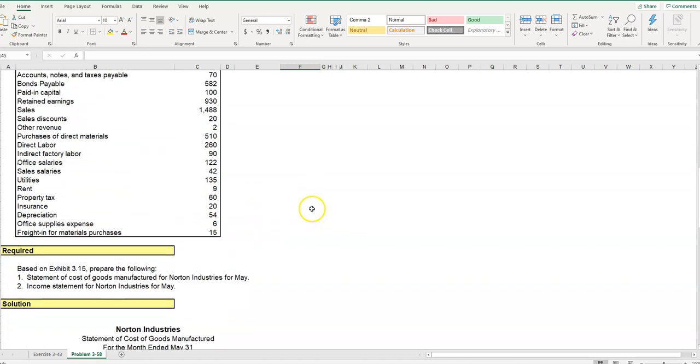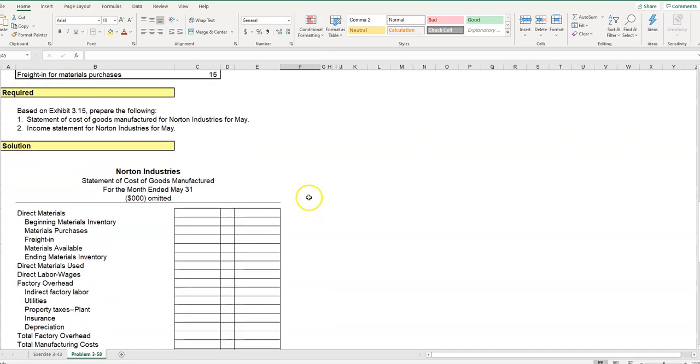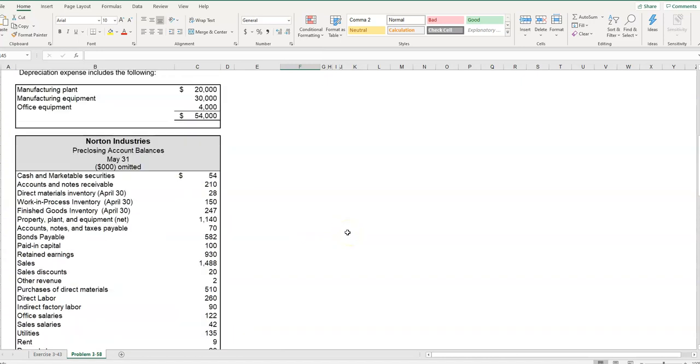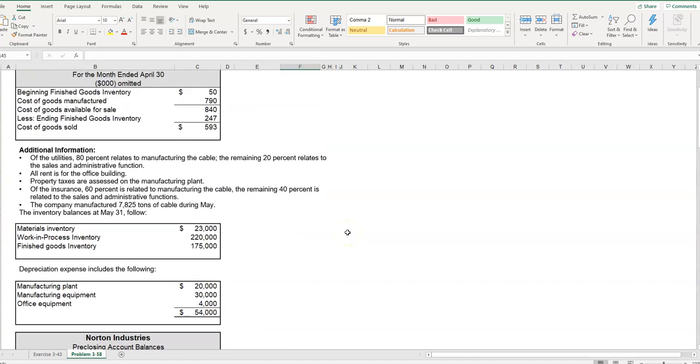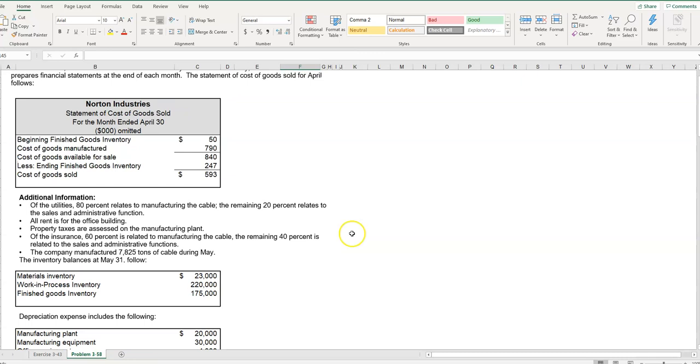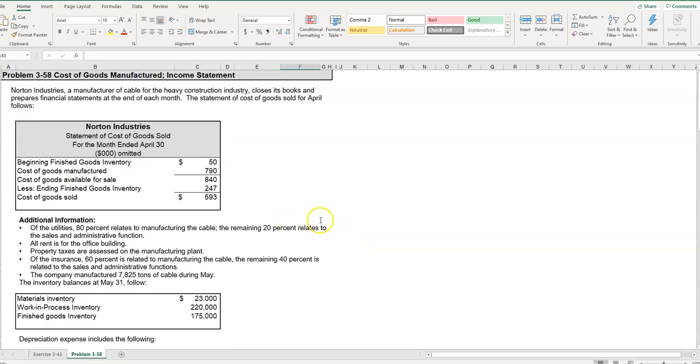So the first thing that we're going to do on the statement of cost of goods sold is factor how much our materials used in production were. We start with beginning materials inventory. So we want our materials inventory as of May 1st.